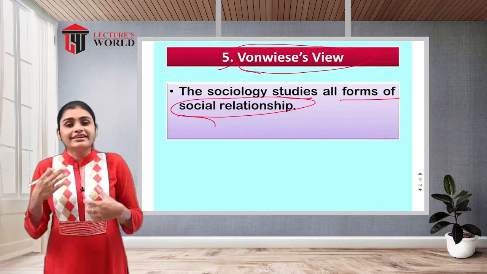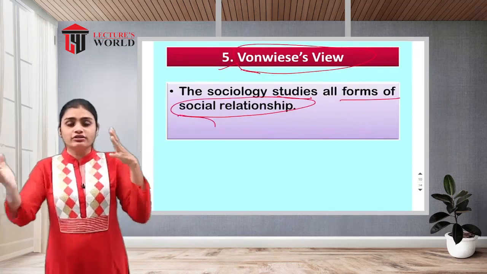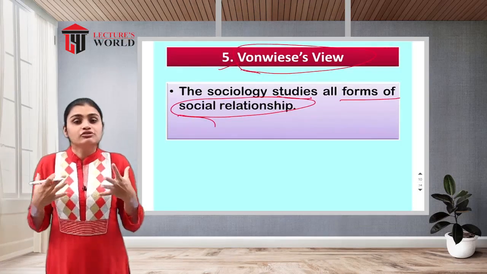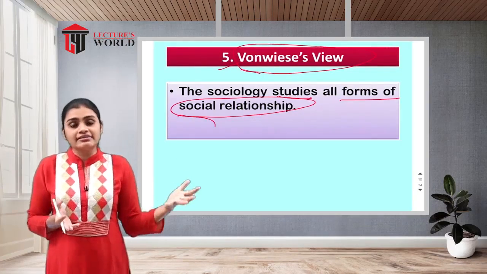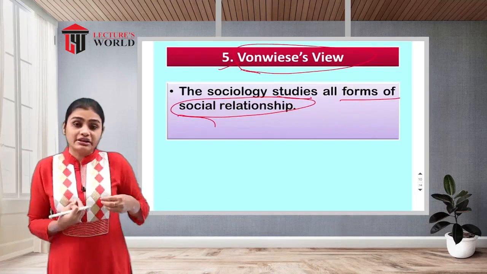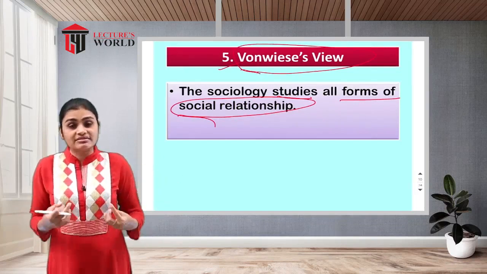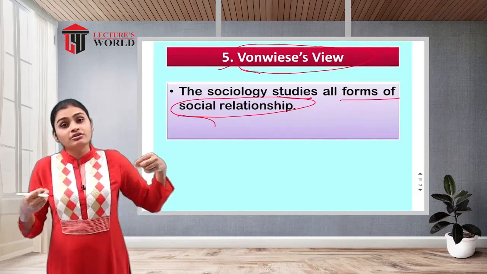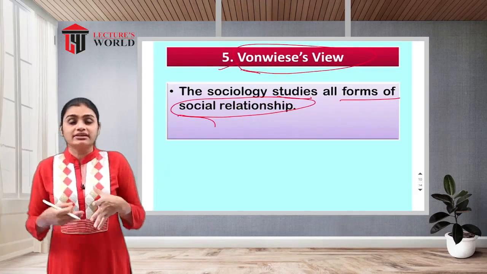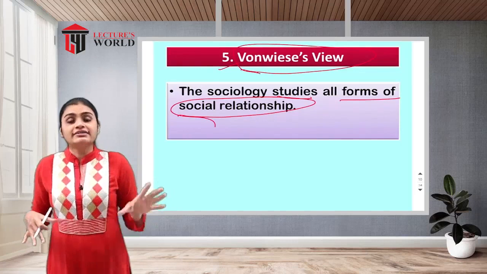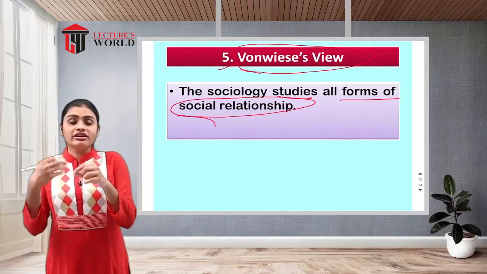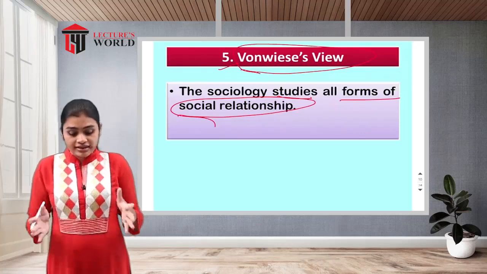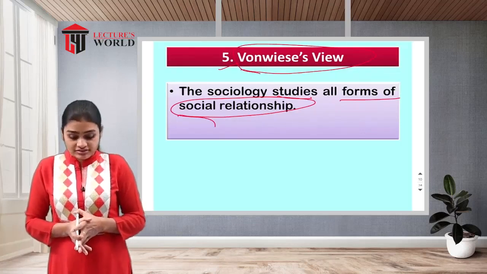Whatever social relationship, as we discussed earlier: my relationship with my family members, with my neighbors, with my colleagues at my job place, with my subordinates, and in some ritual or religious institute also I might have some relationship. All these things are called social relationships.